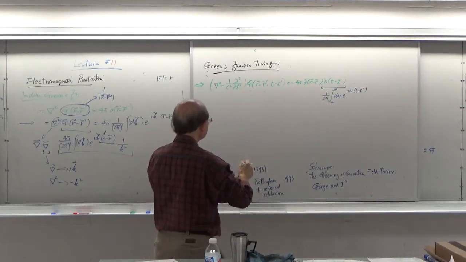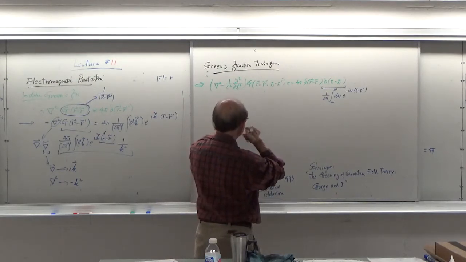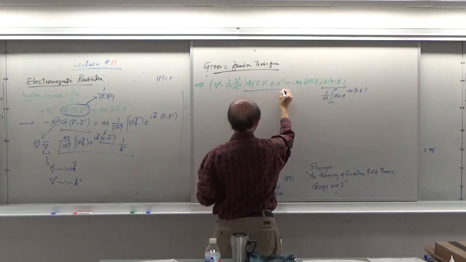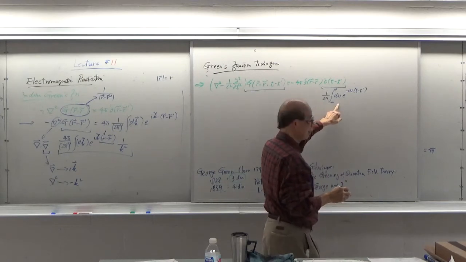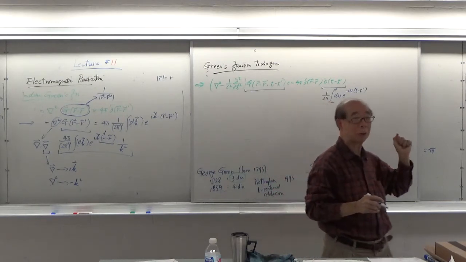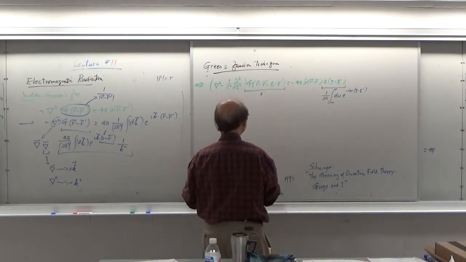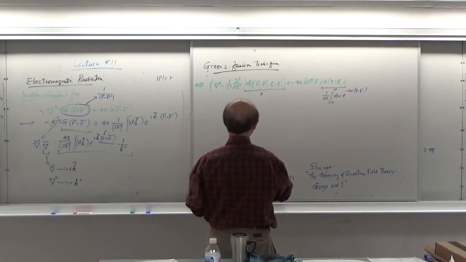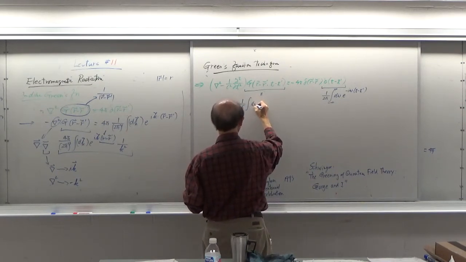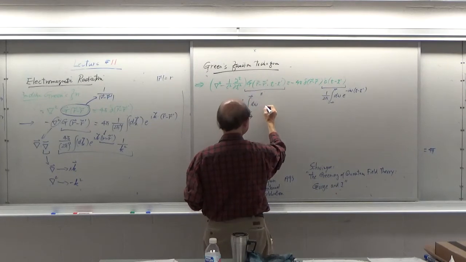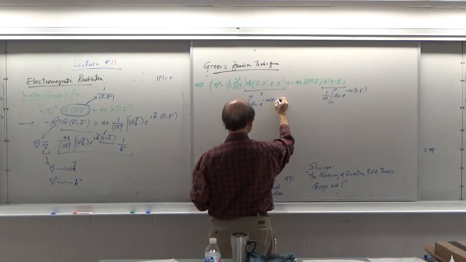Okay? And what I would like to do is the following. I would like to write this four-dimensional Green's function in a form so that it will look like this one, involving an integration over omega. So let me write this as 1 over 2 pi, integration over omega from minus infinity to plus infinity, e to the minus i omega (t minus t prime).